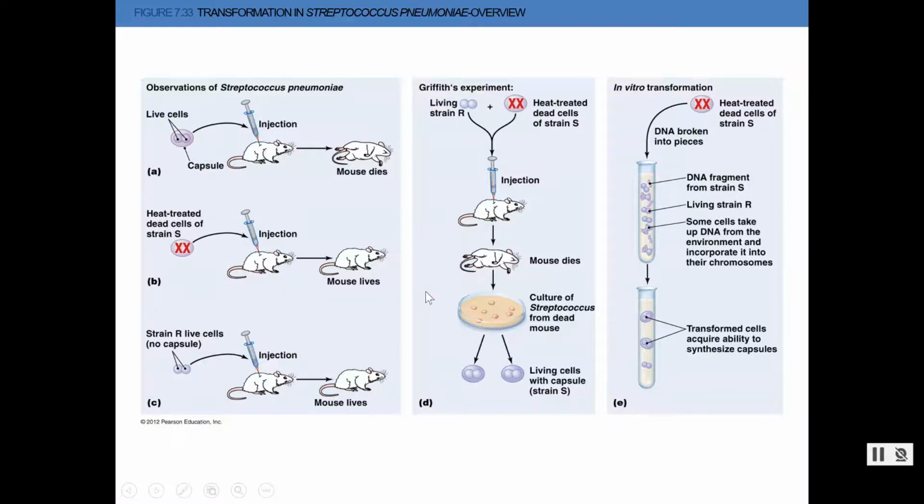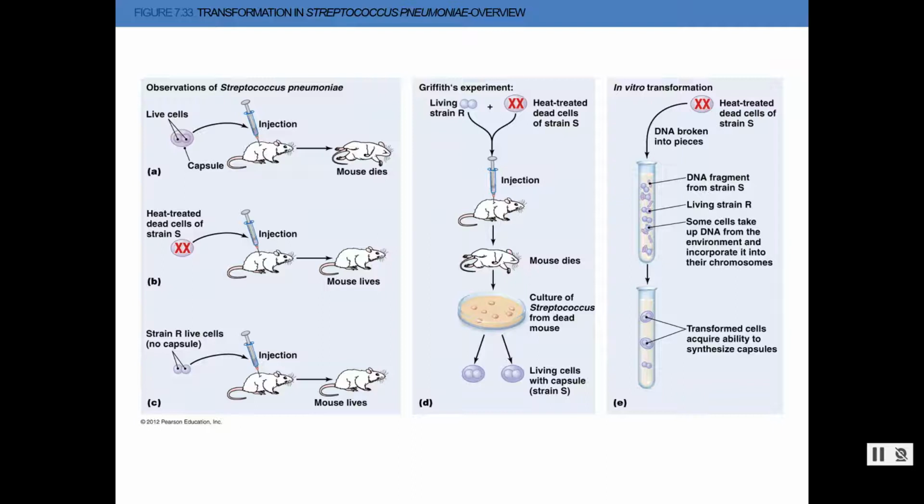And when they grew it on an agar plate, the same bacteria could actually grow two different ways in the colonies. Some strains of Streptococcus pneumoniae would produce very smooth colonies, and some strains would produce rough, kind of undulating colonies.